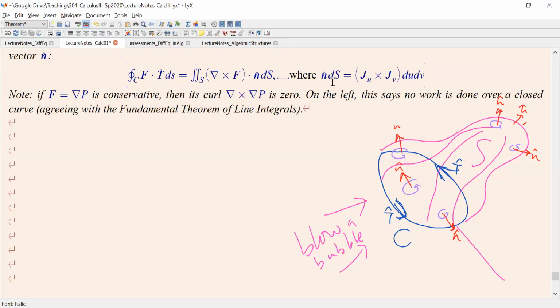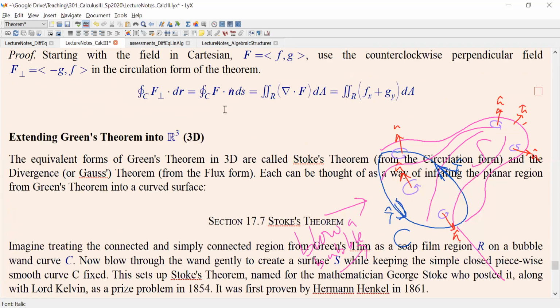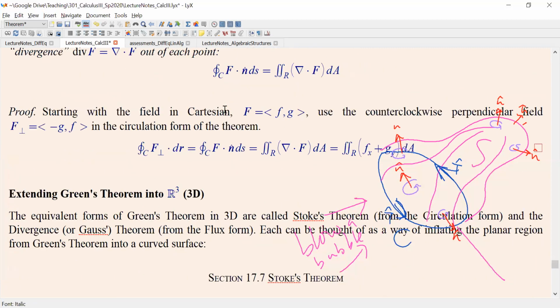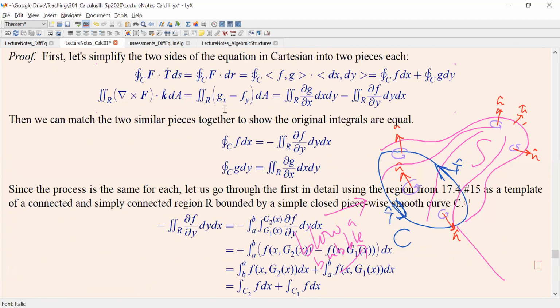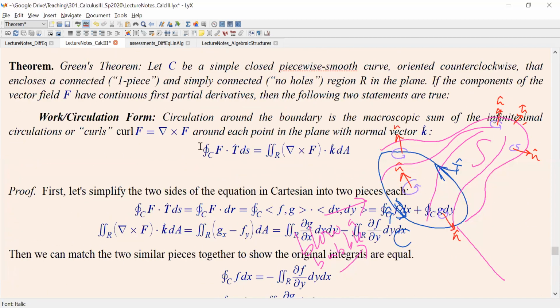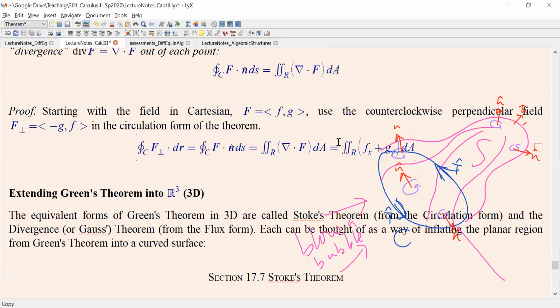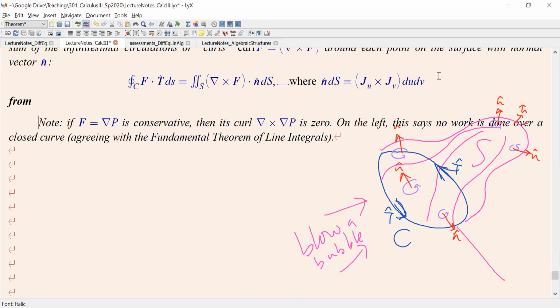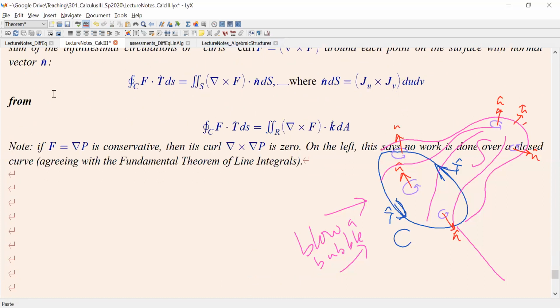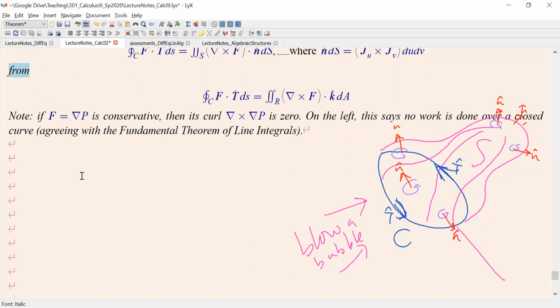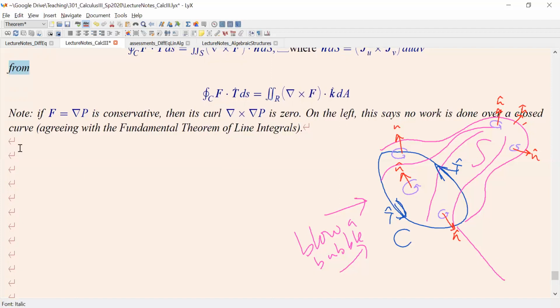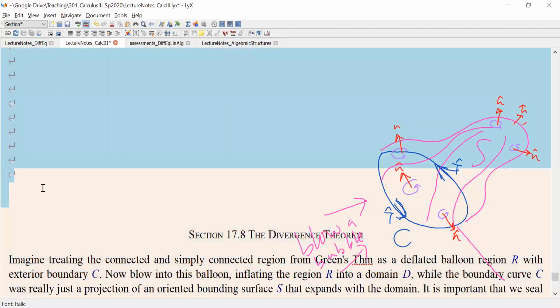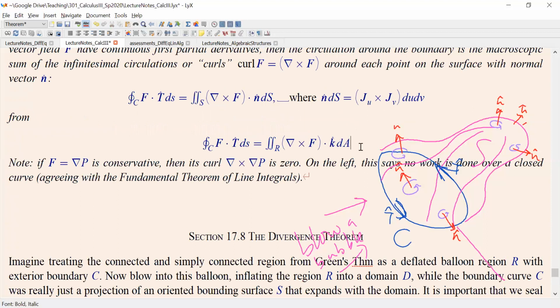This is very similar to how we had, well, let's scroll up a little bit and grab it real quick. The flux, sorry, not the flux, the circulation form. I'll just move these pieces out of the way.